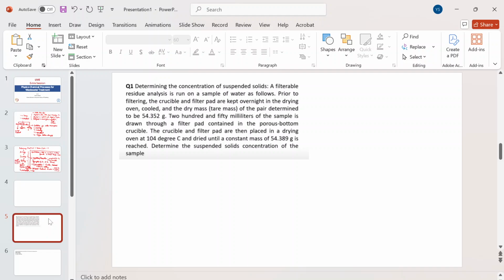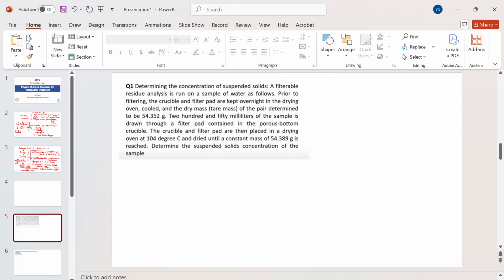Determining the concentration of suspended solids, right? A filterable residue analysis is run on a sample of water as follows. Prior to filtering, the crucible and filter pad are kept overnight in the drying oven and cooled, and the dry mass of the pair is determined to be 54.352 grams. Now 250 milliliters of water sample is drawn through a filter pad contained in the porous bottom crucible.